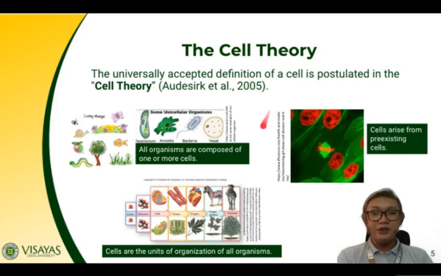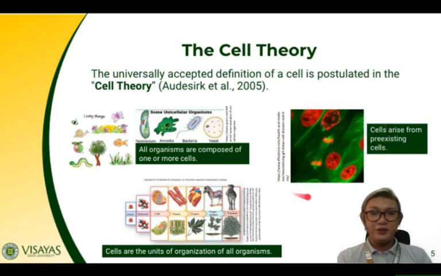But in modern times, we know that cells arise only from pre-existing cells. So if you notice here in this animated picture, one cell divides and forms two new cells.